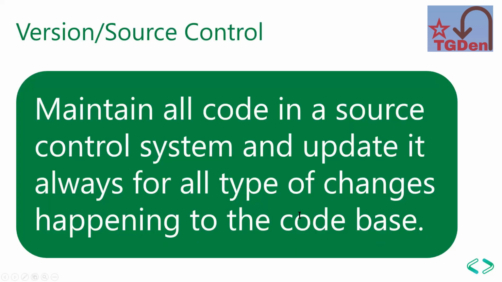Next point is version and source control, which is very important. Maintain all your code in a source control system and update it always for all types of changes happening to the code base. So maintain the code in a code base, either a TFS, Team Foundation Server, or maybe a database project application like that, which is always better, right? Because if you are making changes as a developer, and I am another developer making changes, when we extract the latest code, we should know who has made the last changes, right?